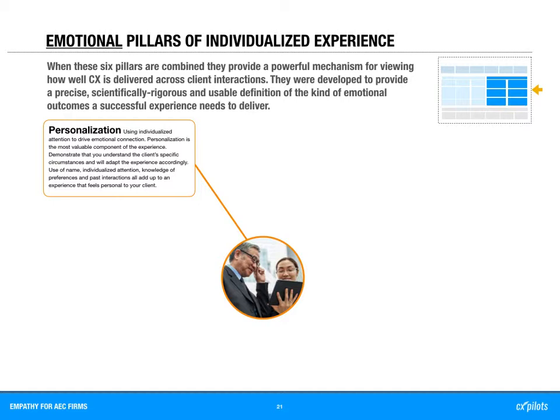The emotional pillars, like we said earlier, are the psychological rigor that we apply. When you do any one of these things, it's positive, but when you do all six, it's extraordinarily positive and extraordinarily valuable. Personalization.